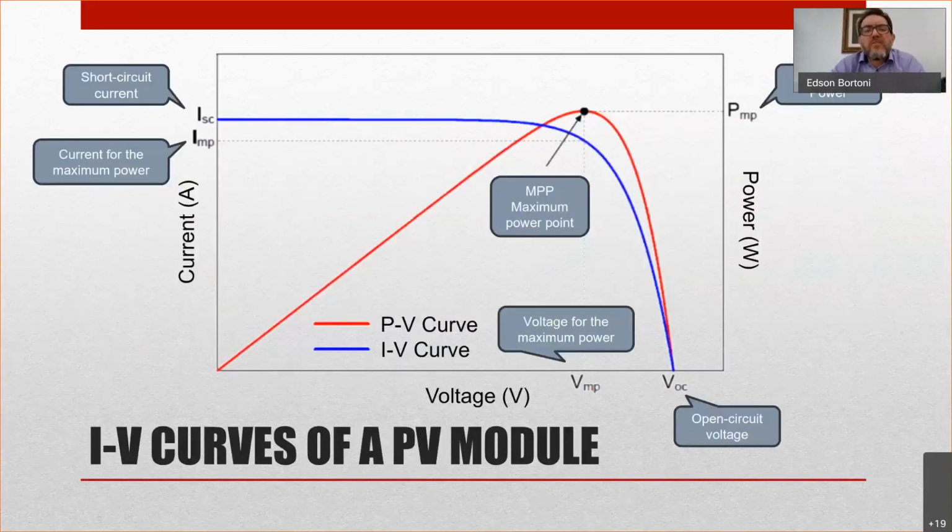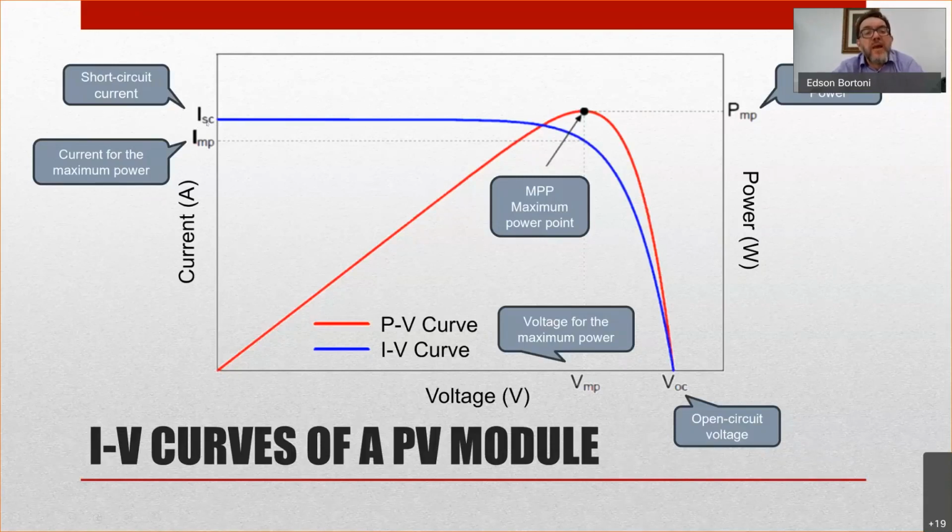Here we have details of the IV curves. Here you have the open circuit voltage, with zero current because it's open, and the short circuit current, where the voltage is zero because it's short circuited.